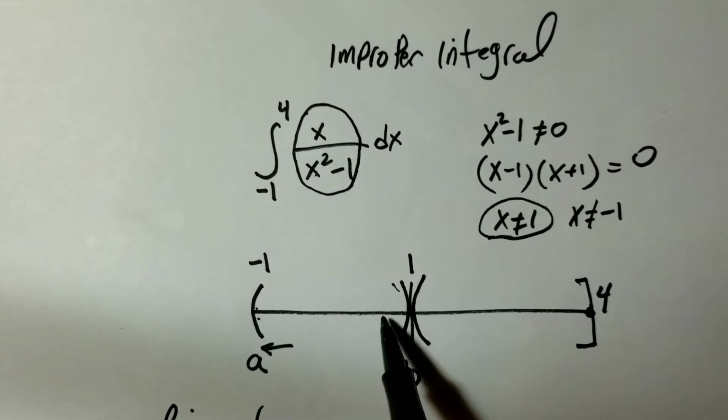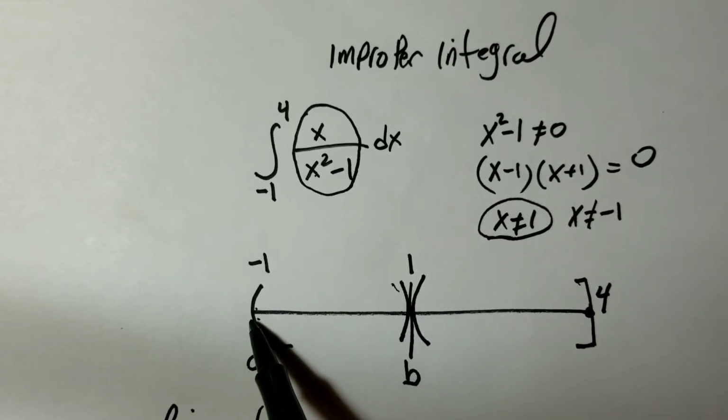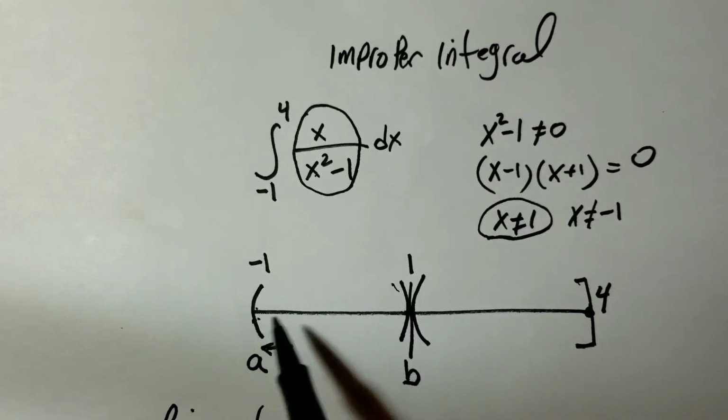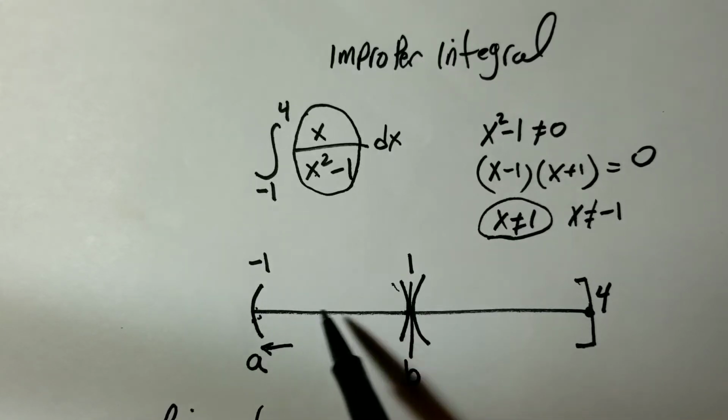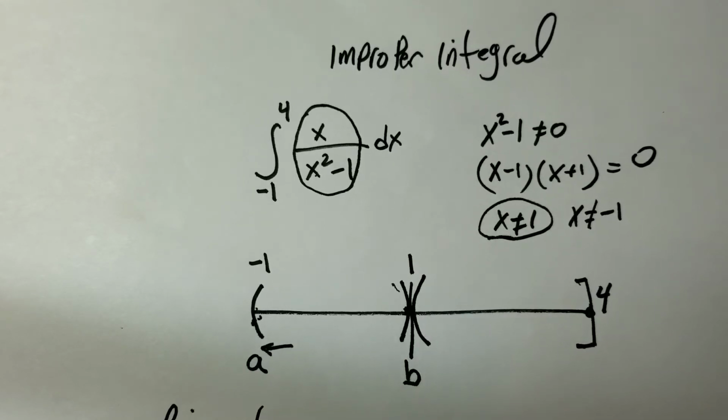And in this interval, I have an issue because I have not included both lower limit and upper limit. And I have to assign a as a approaches negative 1 from the right. Then I have to assign b here, and I'm approaching it from the left, and I have to take a limit.